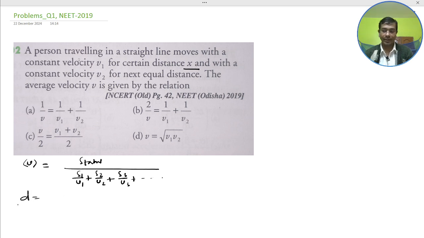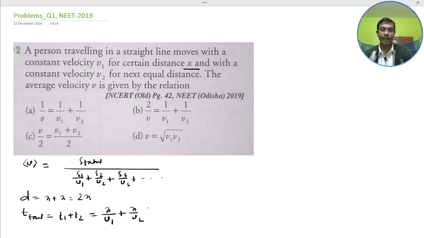So total distance is x plus x, so 2x, and the total time is t1 plus t2. So t1 is x by v1, plus for v2, x by v2.